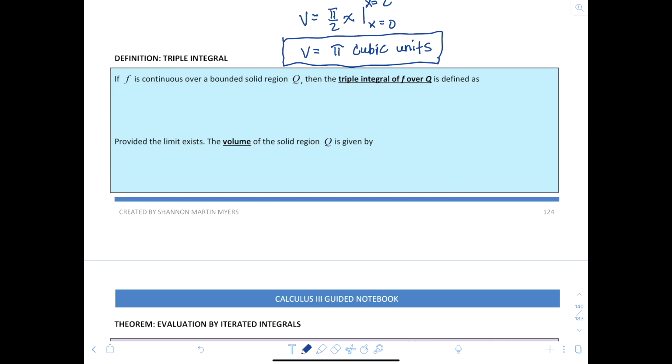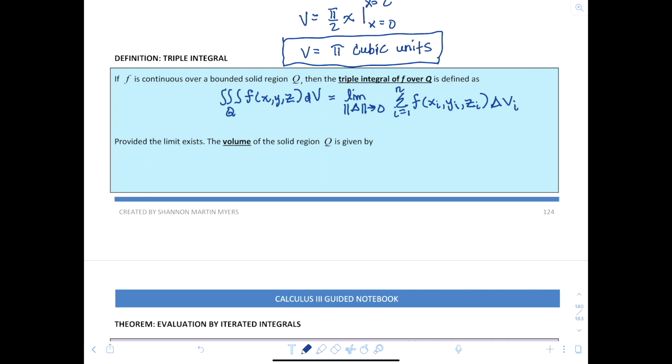If f is continuous over a bounded solid region Q, then the triple integral of f over Q is defined as the triple integral over Q of f of x, y, and z dv, which ends up being the limit as the norm of delta approaches 0 of the summation from i equals 1 to n of f at xi, yi, zi times delta vi, provided the limit exists.